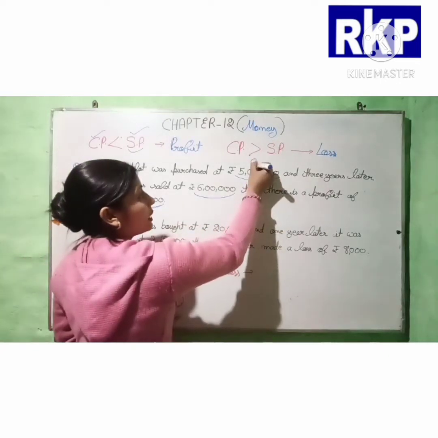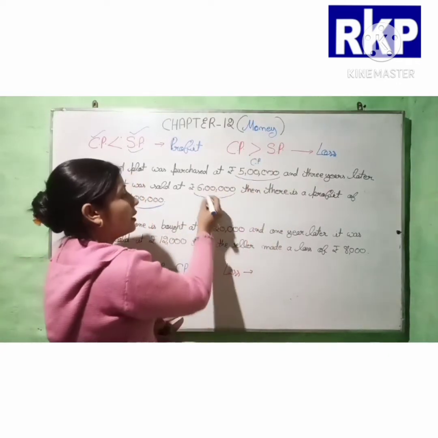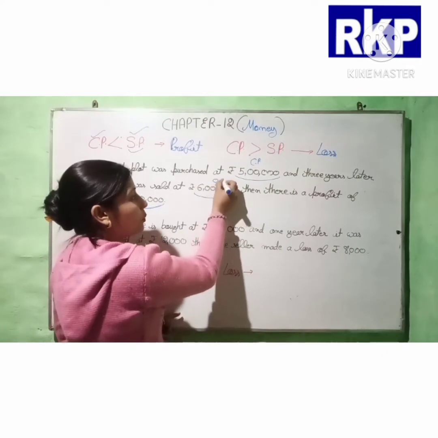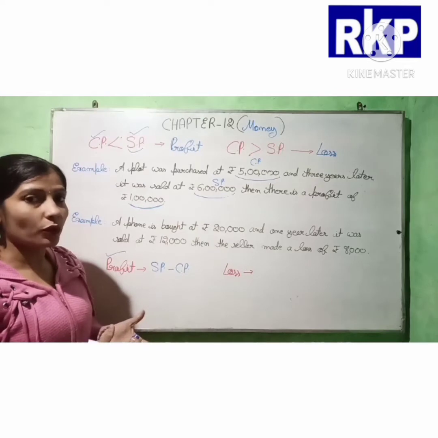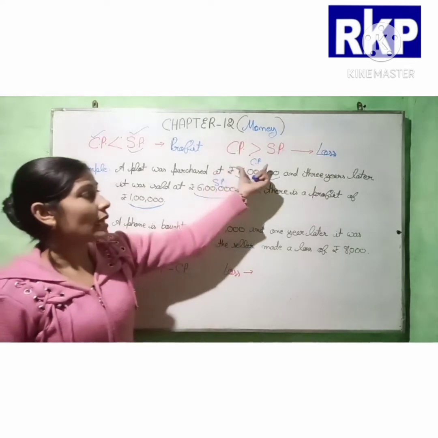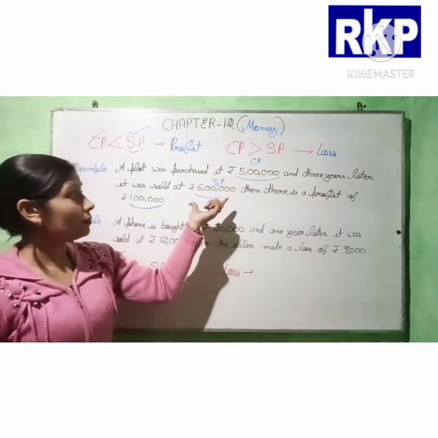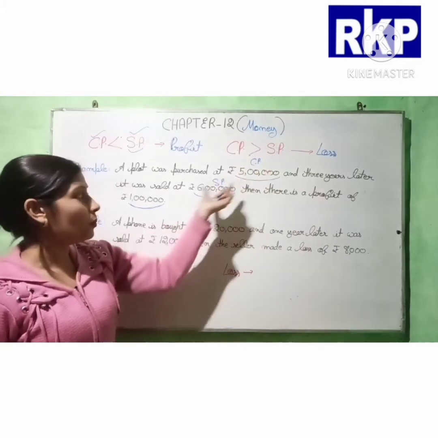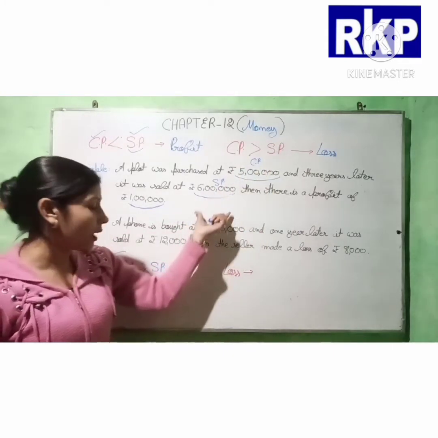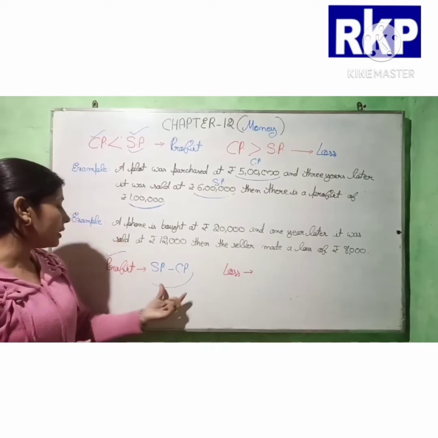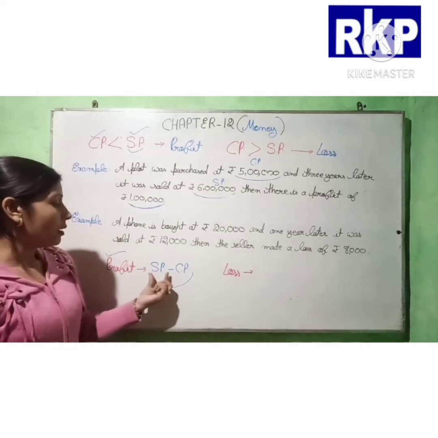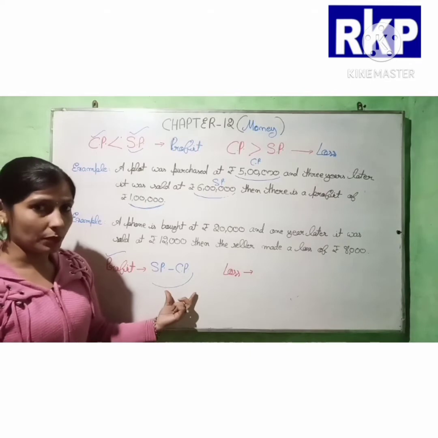So to find out profit we have to subtract cost price from selling price. Here you can see the formula to find out profit: SP minus CP.